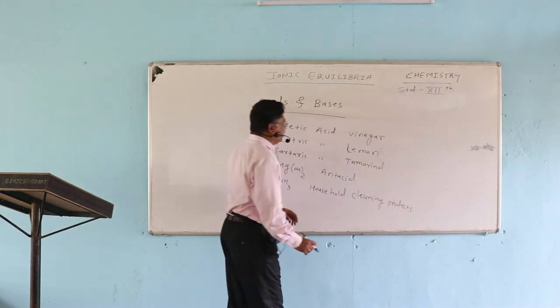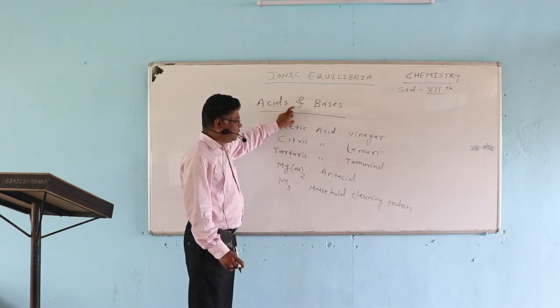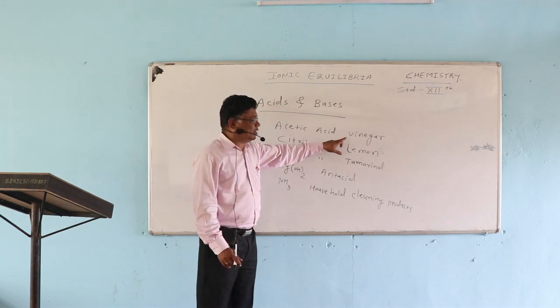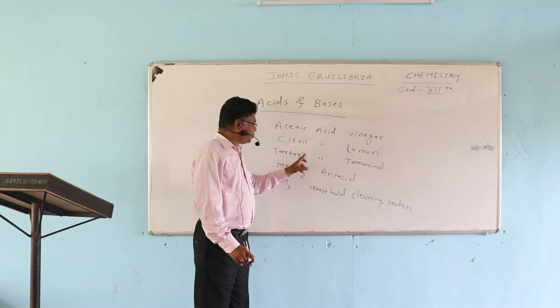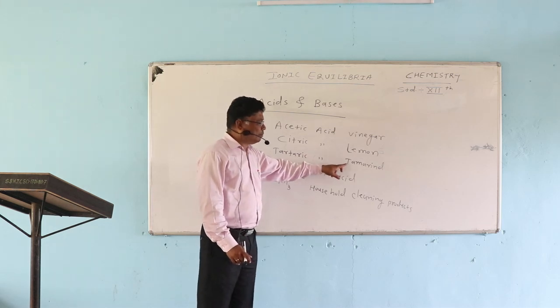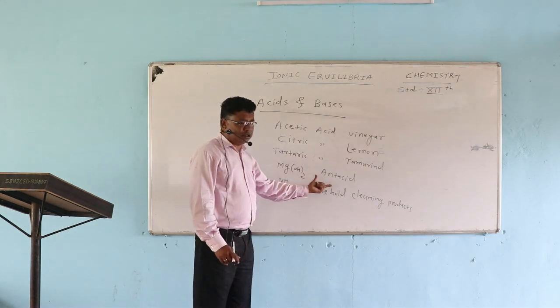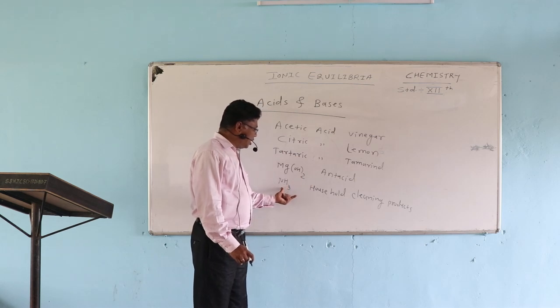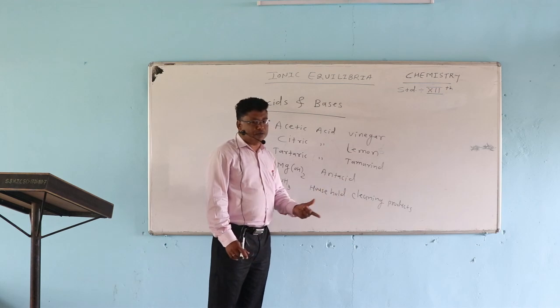So, in the beginning, when we are going to start acids and bases, we are familiar with acetic acid as it is present in vinegar, citric acid is present in lemon, tartaric acid is present in tamarind, magnesium hydroxide is used as antacid, and ammonia is present in various household cleaning products.